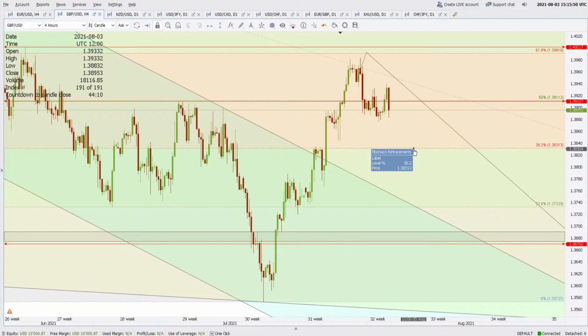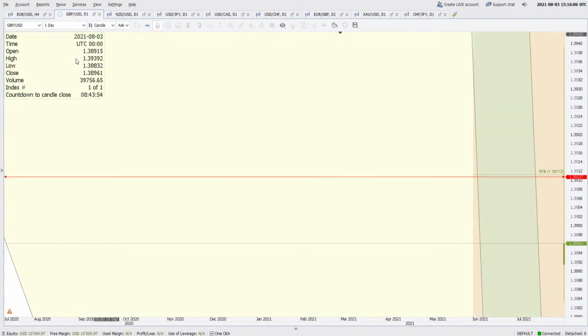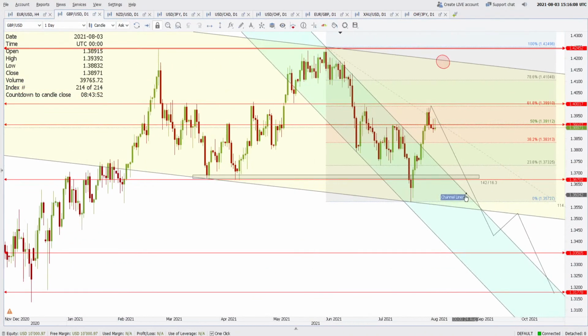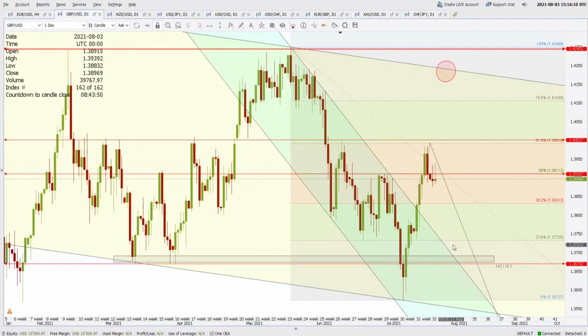Because we are talking about the 4 hourly candles, I am expecting this level to get respected, because 4 hourly resistances and supports tend to coincide with the supports and resistances of the daily charts. So if you switch this to daily charts, then you will also understand that this level here, 23.6 and 38.2, was the level of support and resistance in the past.